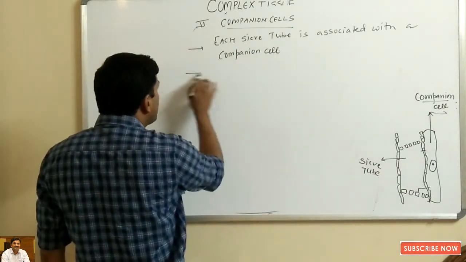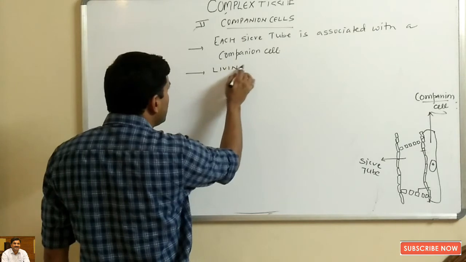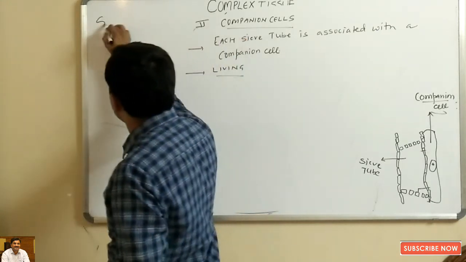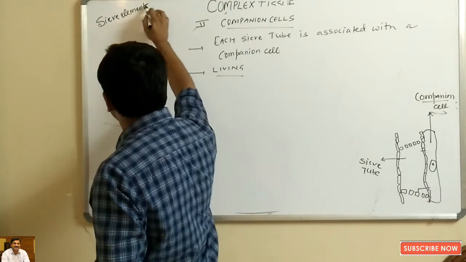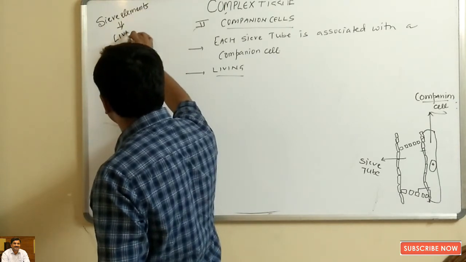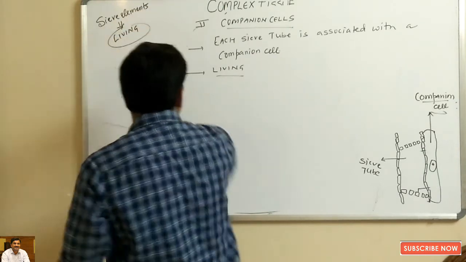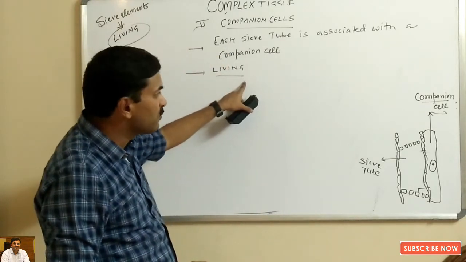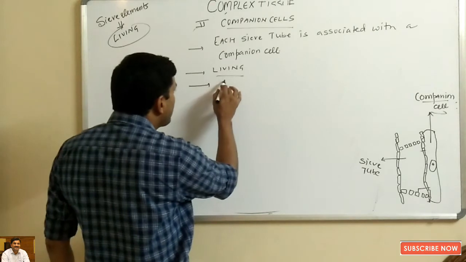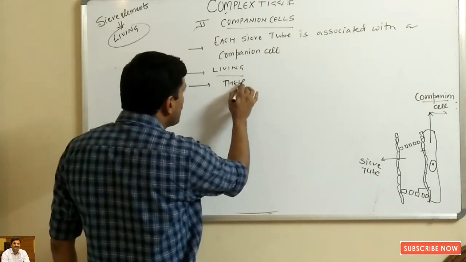Now these companion cells are also living. Sieve elements were also a living component of phloem, and companion cells are also a living component of the phloem. They have their own nucleus.